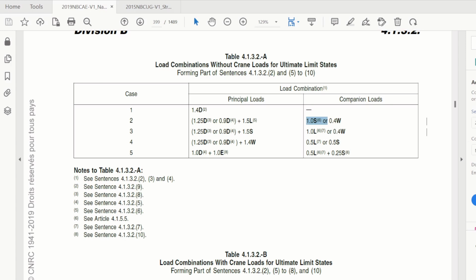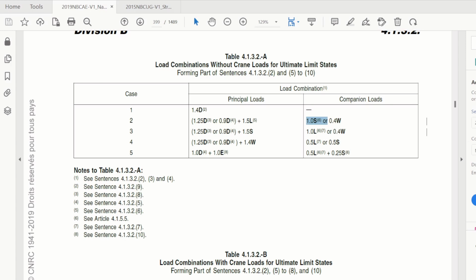It's either snow during winter or live load during summer, because the patio is only occupied during summer. I don't know if there's any restaurant here where even during winter there are people on the roof. I don't think so. So this is load case 1, right?